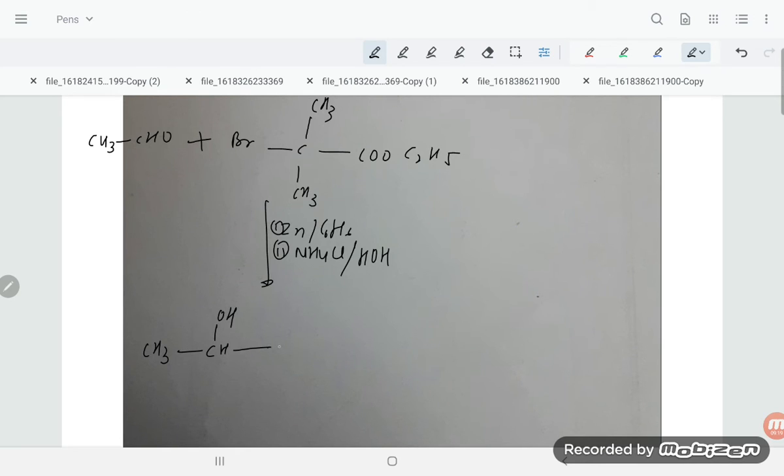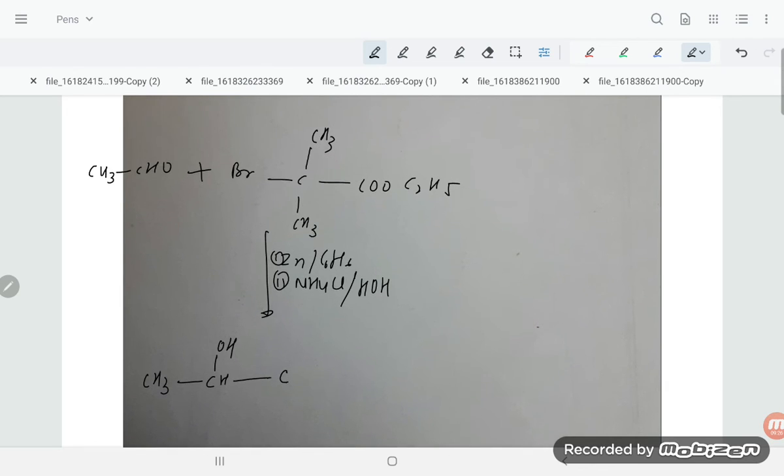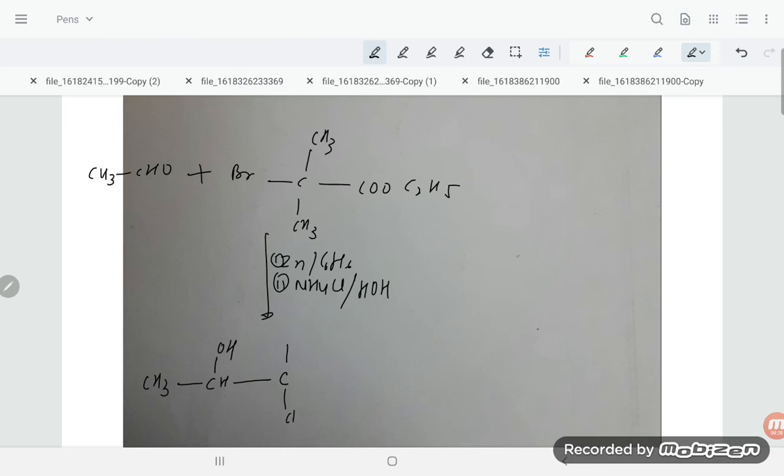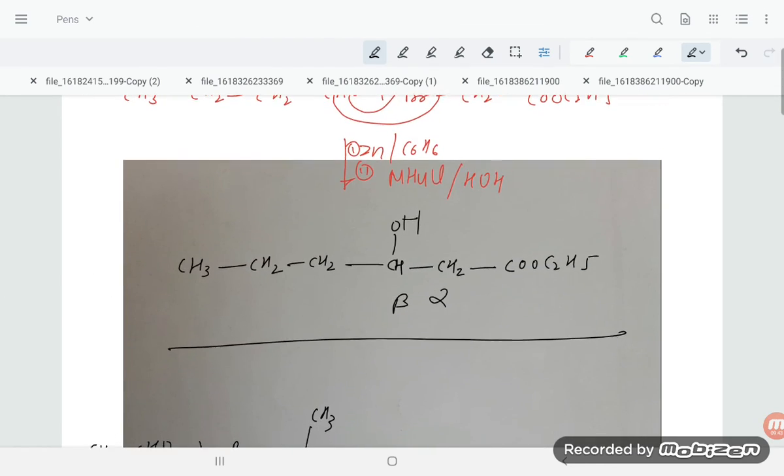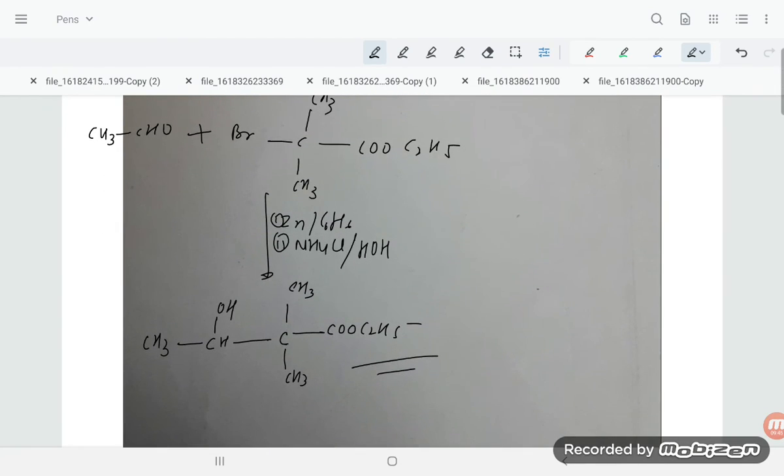What will happen here, students? Double bond is not possible because of this 3-degree carbon. So here is COOC2H5. This will be our required product, dear students. So it is not compulsory that there should be formation of the double bond, or release of a water molecule. This is not the case, students.